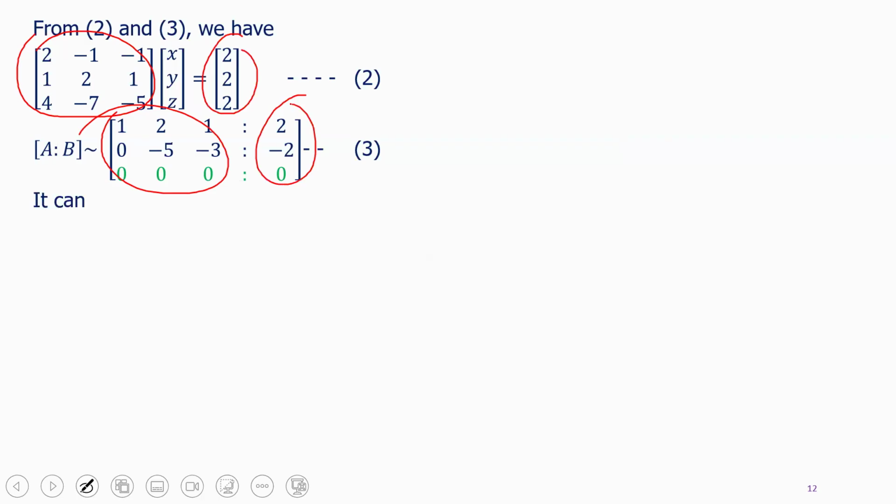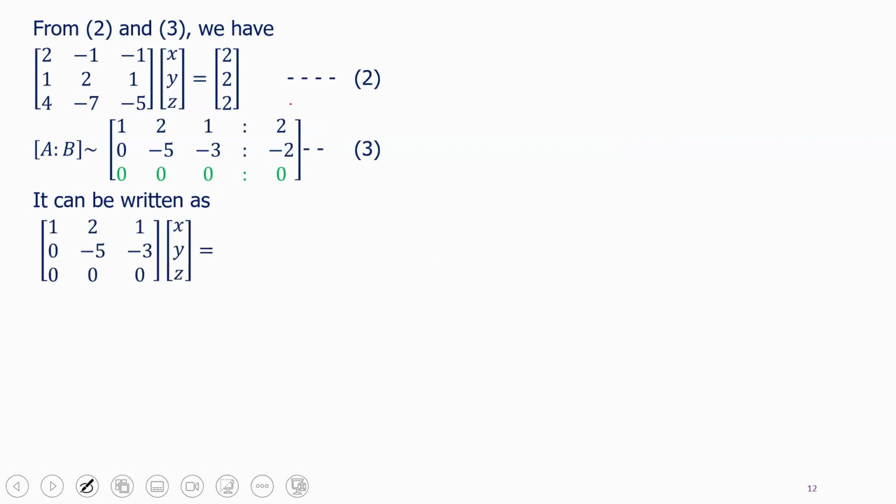So the equation can be written as 1, 2, 1, 0, minus 5, minus 3, and 0, 0, 0, with the variables unchanged, equal to 2, minus 2 and 0. Now, let me simplify it. x plus 2y plus z is equal to 2, and minus 5y minus 3z is equal to minus 2.